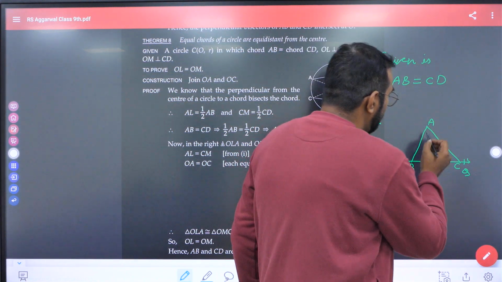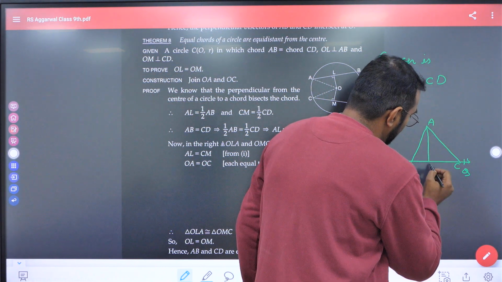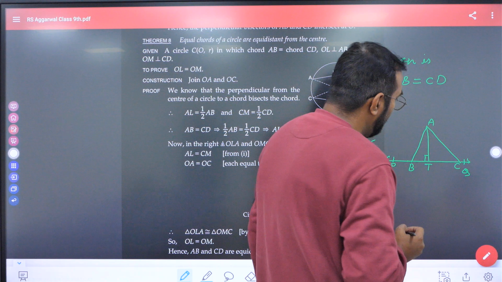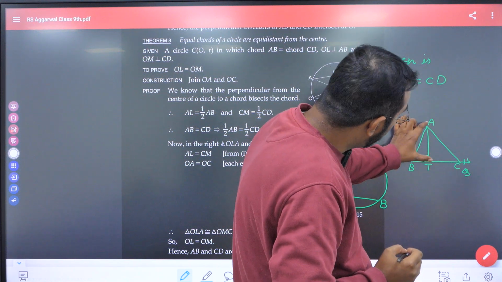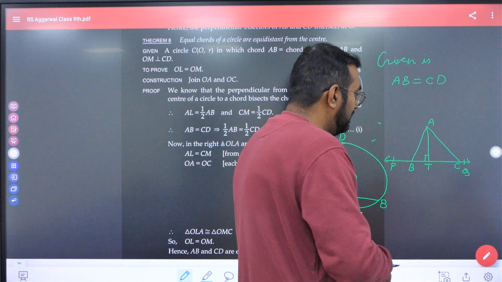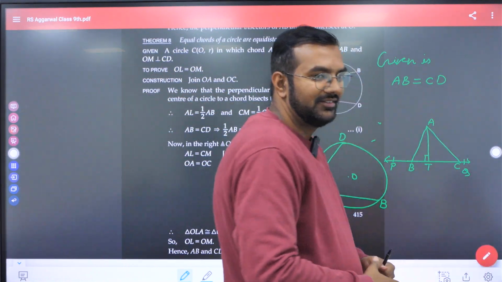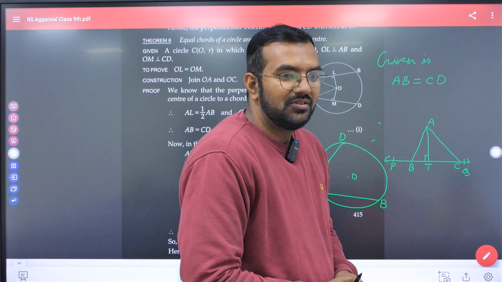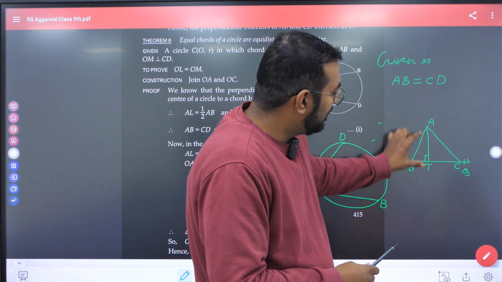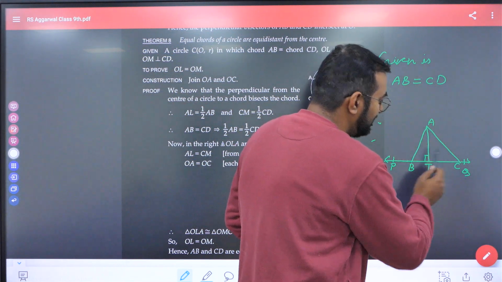and one another student draws a perpendicular from A to this line, AT, and says this is the distance. As you can see, the lengths of these three lines are different. We must have a proper way to measure. We can't say this is the distance, this is the distance, this is the distance.